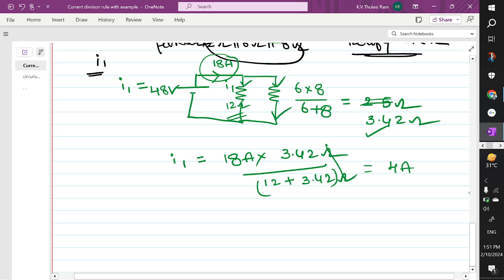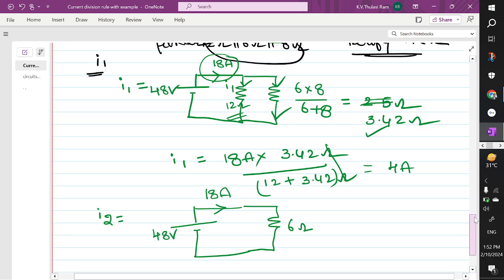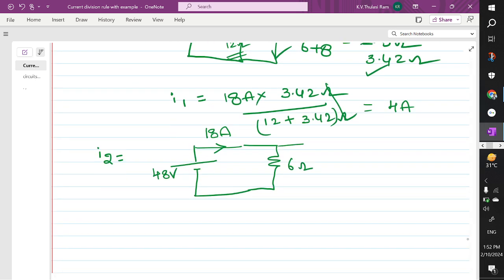Similarly, let's find the current I2. How to find I2? The same circuit diagram applies. The voltage is actually not required, because the current is directly given as 18 amperes. Here we have the 6 ohm resistive branch, where the 12 ohm and 8 ohm resistors are connected in parallel.